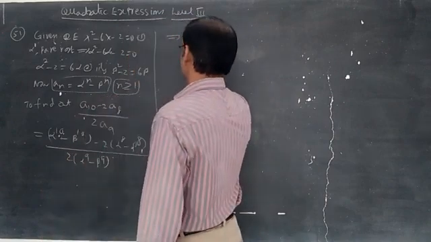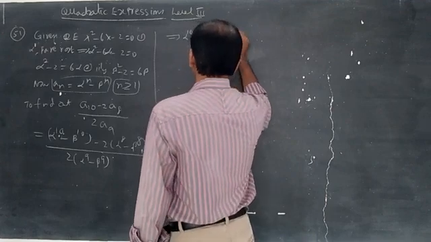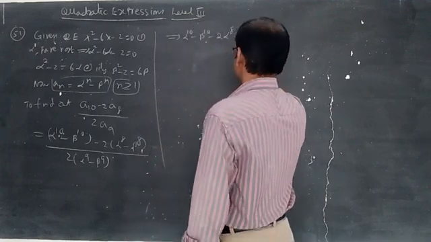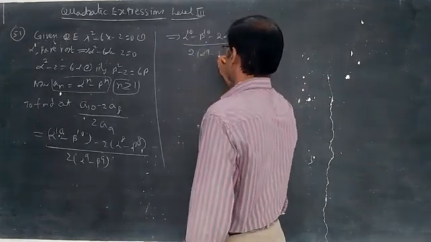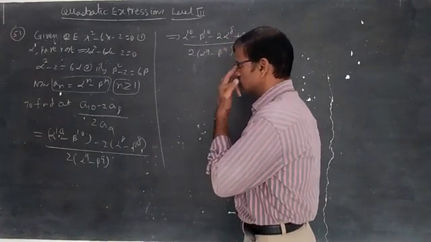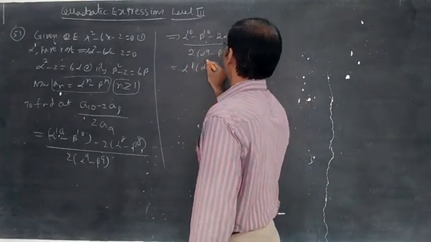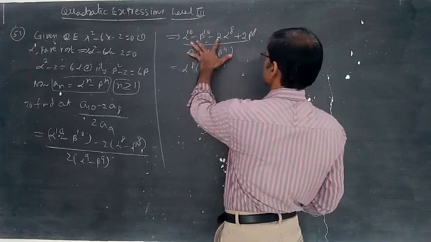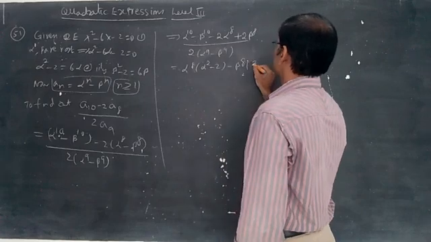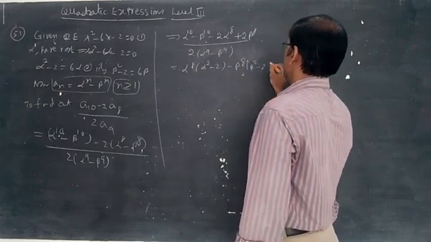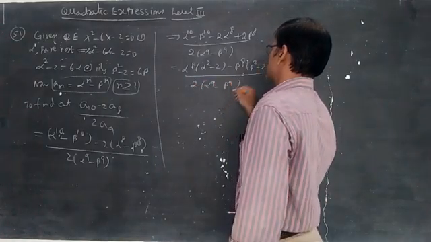That implies we can write alpha power 10 minus beta power 10 minus 2 into alpha power 8 plus 2 into beta power 8, whole by 2 into alpha power 9 minus beta power 9. That is equal to alpha power 8 taken common, it becomes alpha square minus 2, and minus beta power 8 taken common, it becomes beta square minus 2, whole by 2 into alpha power 9 minus beta power 9.